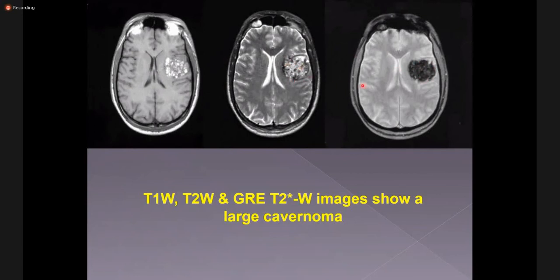So this is a lesion which has hemorrhage within it. Basically this is a large cavernoma. Popcorn appearance on the T1 and T2 is a pathognomonic feature of the cavernoma.